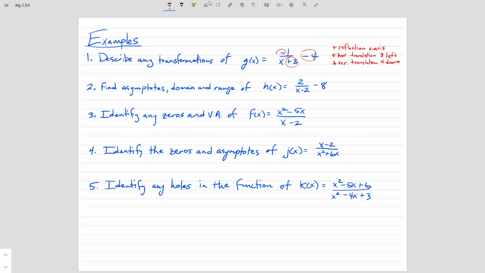Okay, question 2. Find asymptotes, domain, and range of h of x equals 2 over x minus 2 minus 8. Okay, now this one is still a transformation question because I noticed that this is kind of like transformation form. Okay, so vertical asymptotes.